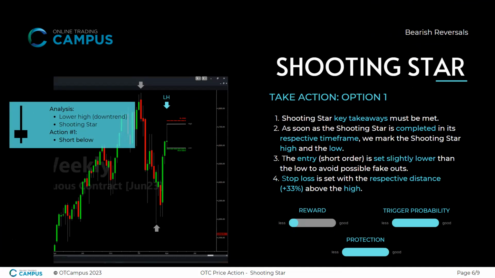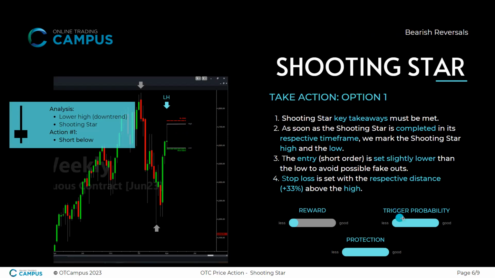Most of the time, and for me also, I'm looking for higher time frames, meaning daily, weekly, monthly reversals, so the shooting star is most of the time big. If you trade the whole range, lower than the low and higher than the high as your stop loss, most of the time your stop loss zone will be big, and that means you decrease your profit margin. But it's not wrong.